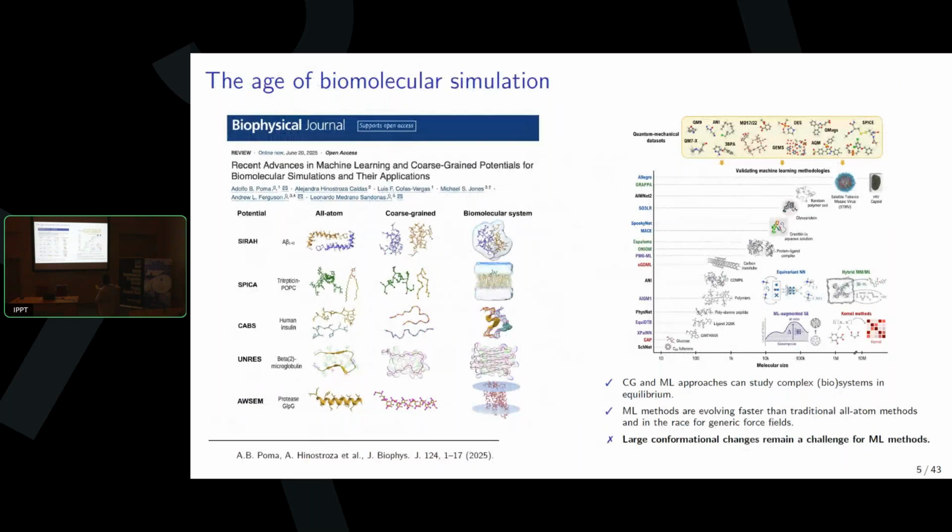These are coarse-grained methods, of course. Solar is one of those machine learning methods. These methods are concurrent to all atom simulation. So all atom simulation doesn't take care of anything from the quantum world. They are classical models, but the machine learning methods like this one, like Annie, are being parameterized to reproduce also quantum information at the classical level.